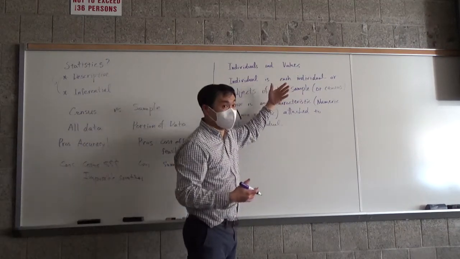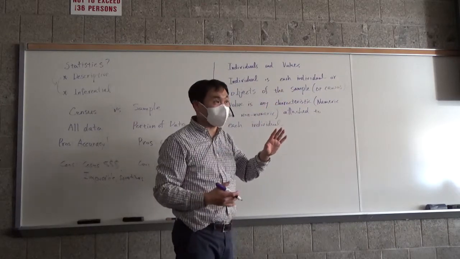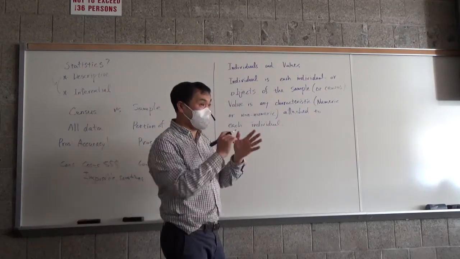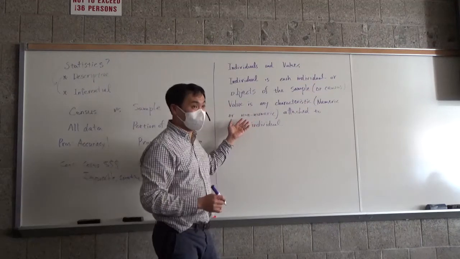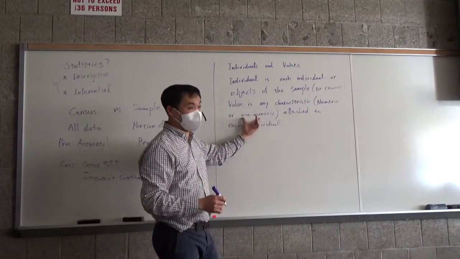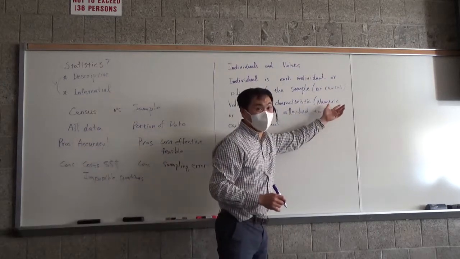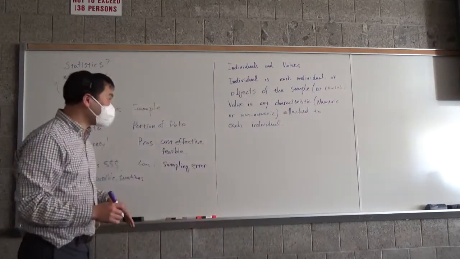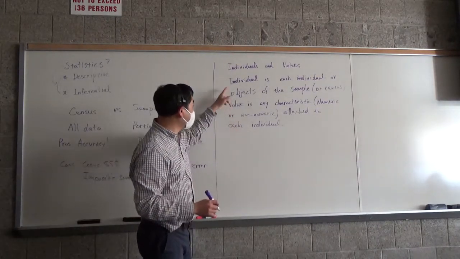And usually the head of the household will fill in that questionnaire. And when they write all the things like the race or ethnicity, that will be non-numeric, right? But the number of people in your household will be numeric. So those are what we call the values, right? So you can see that for each individual, you can have many different values, right?